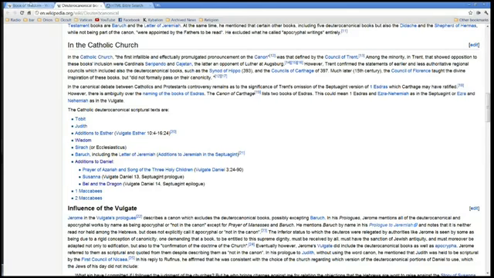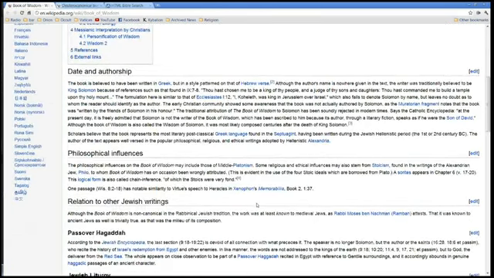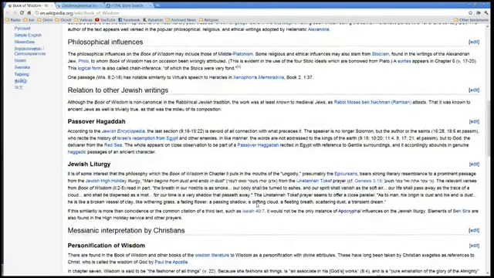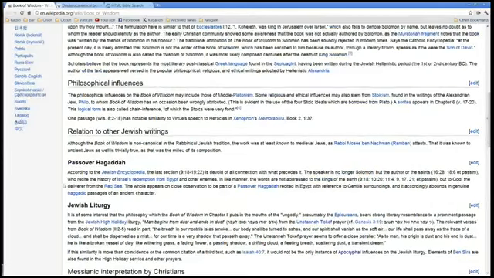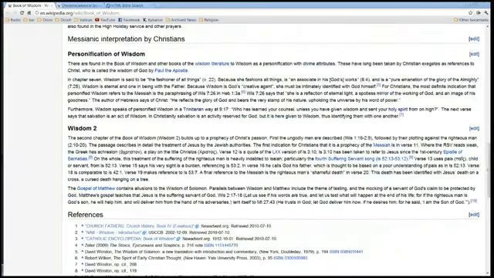So, the Book of Wisdom. Here's what's interesting about it. Messianic interpretations by Christians. When you get down here, you can just look up Book of Wisdom in Wikipedia. But here's what's interesting.